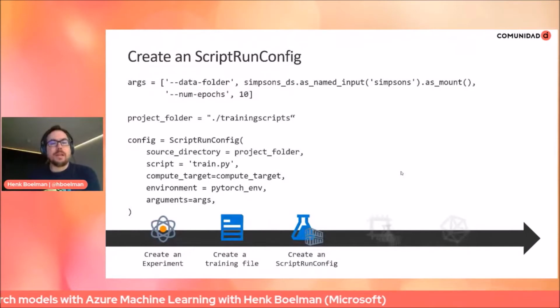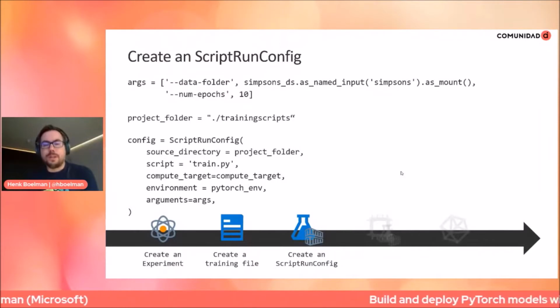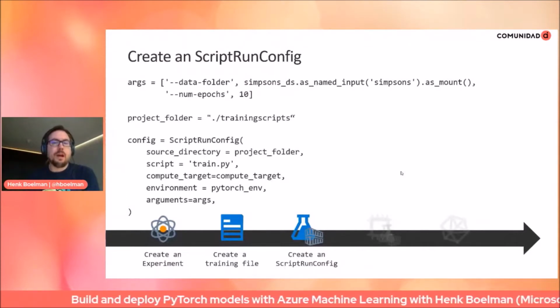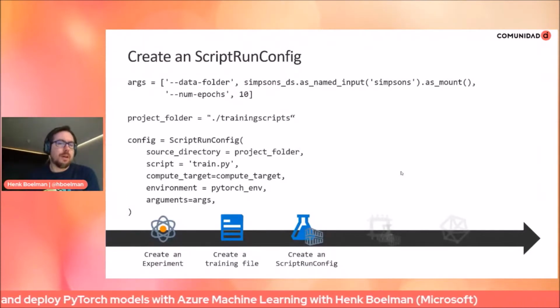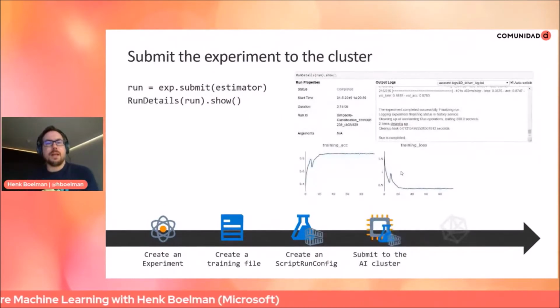So what you do is you create a script run configuration. Tell it where your training scripts are, which script it has to execute, on which compute it has to run, which environment it has to use, and then you can pass some additional parameters in it. In our case, we want to tell our script where the data is. Then we submit that script run configuration to our cluster.